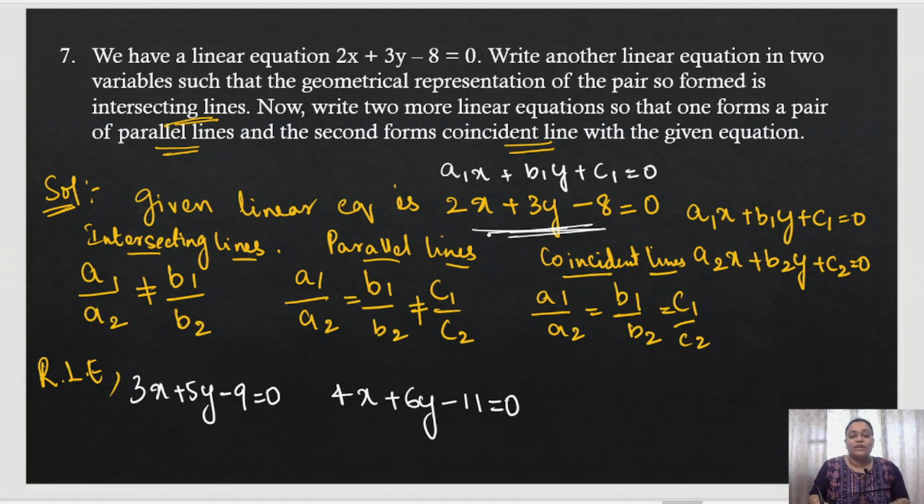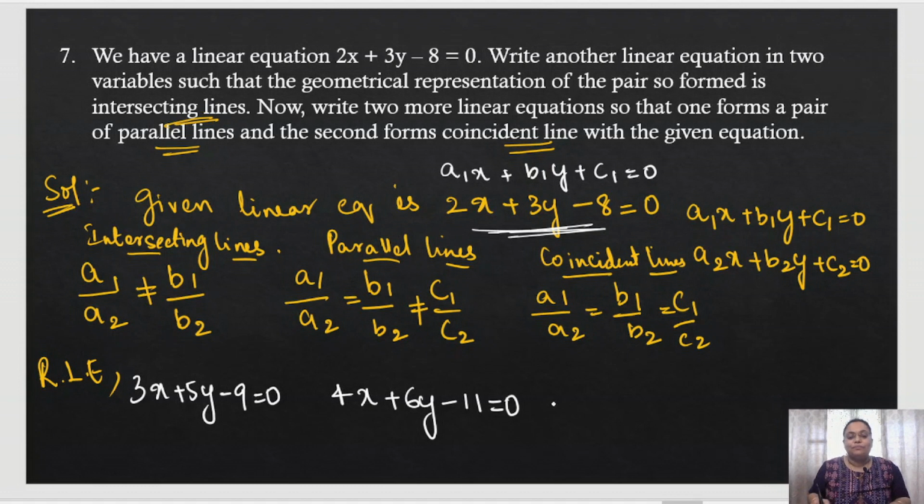Okay. Now if you find the ratios, you will get 2 by 4 is 1 by 2 and 3 by 6 is also 1 by 2. So a1 by a2 is equal to b1 by b2, and 8 by 11 is not equal to c1 by c2. Okay. So it is also satisfying the condition for parallel lines.